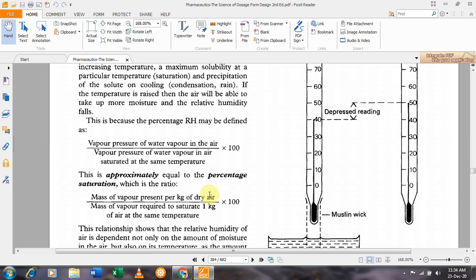It means that the dry air has a maximum capacity, that is the mass of vapor required to saturate the particular mass you have taken, 1 kg, and multiply by 100, that is percentage saturation.